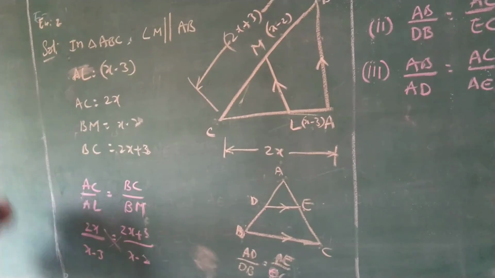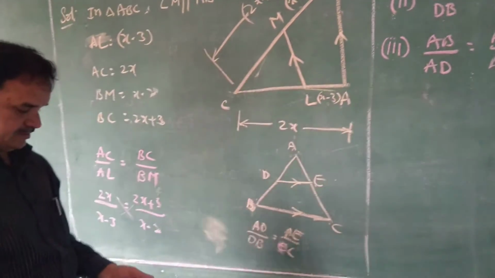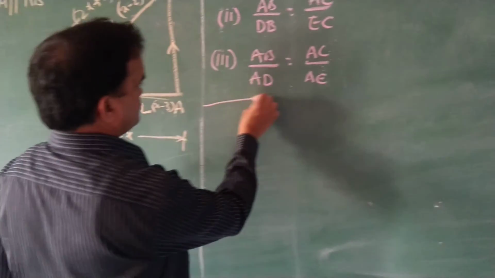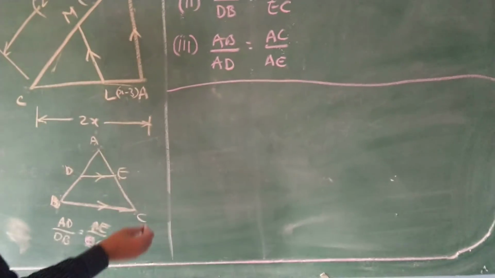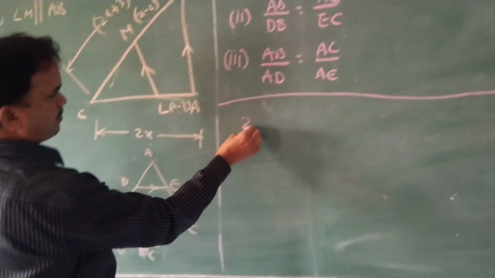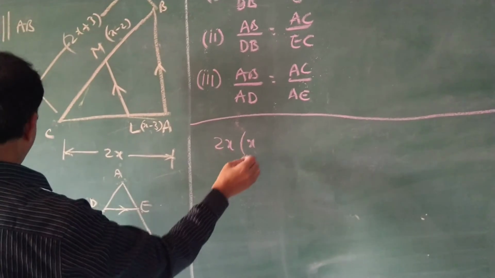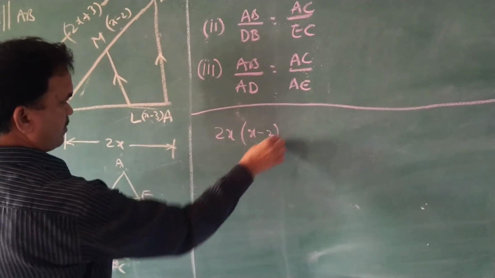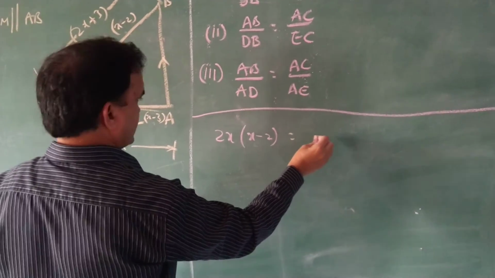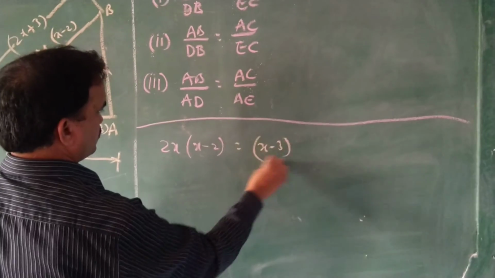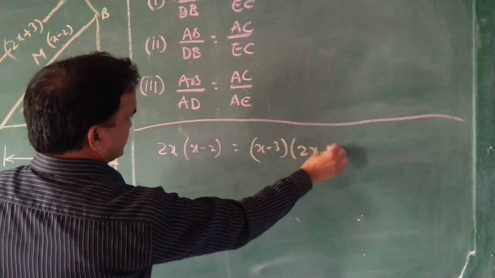Do cross multiplication: 2x into x minus 2 is equal to x minus 3 into 2x plus 3.